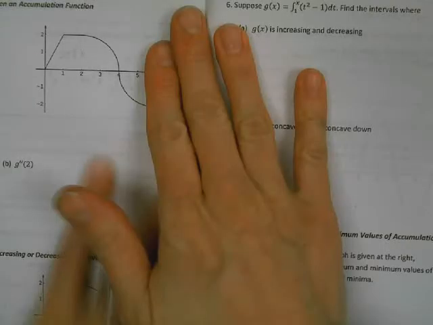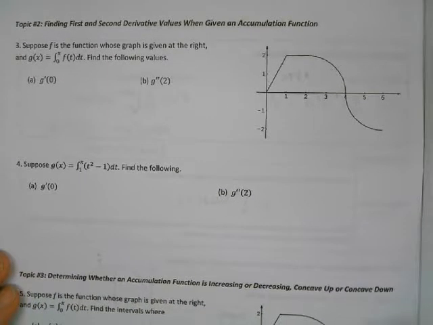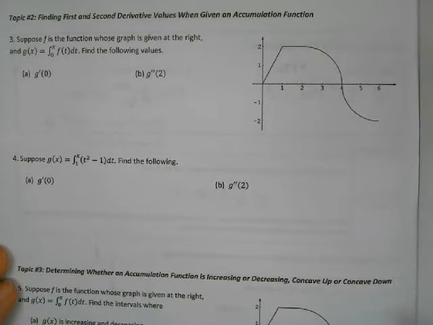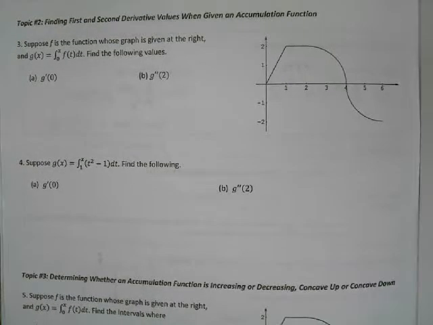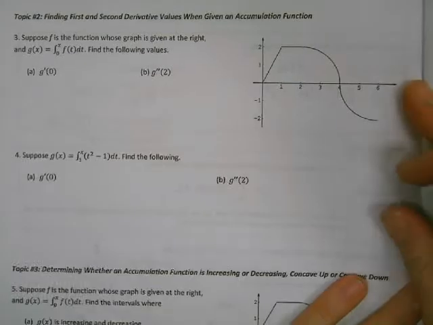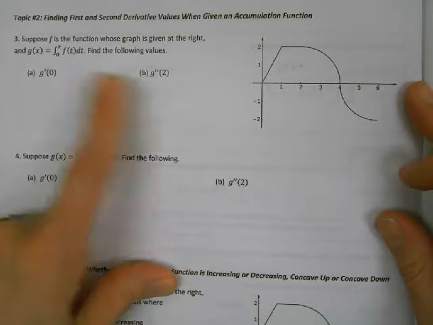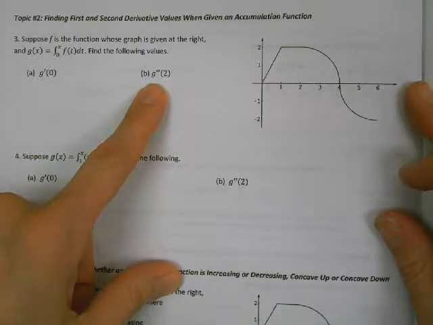All right, moving along. Next we need to be able to find first and second derivative values when we're given an accumulation function. So now you'll notice instead of just finding the value of g, we're looking for g prime and g double prime.